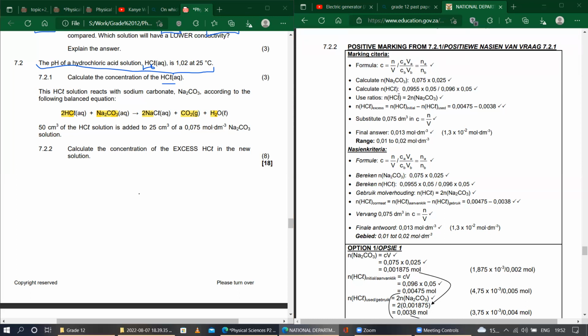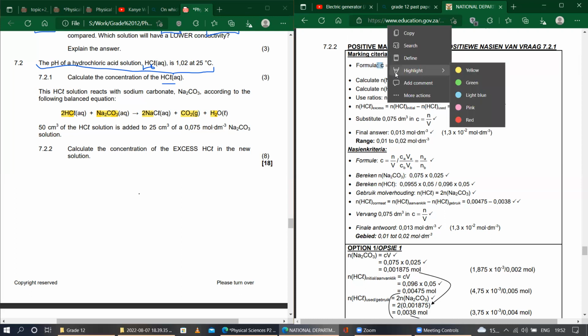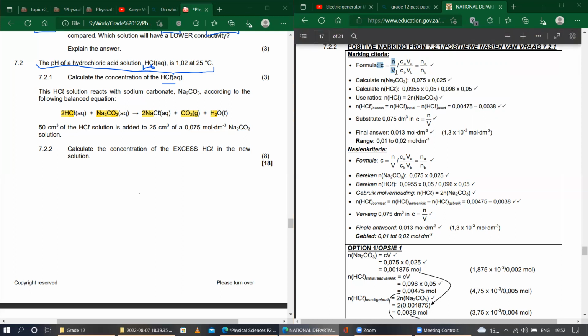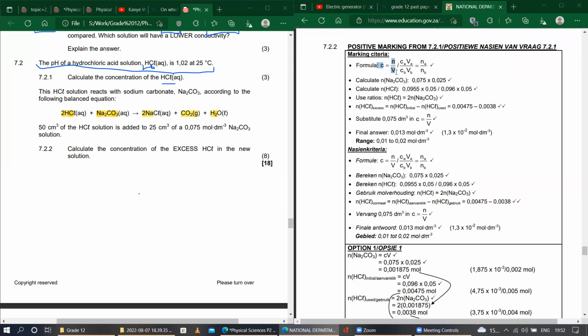Since concentration is directly proportional to the number of moles, the concentration of the acid divided by the concentration of the base is going to be the number of moles of the acid divided by the number of moles of the base.